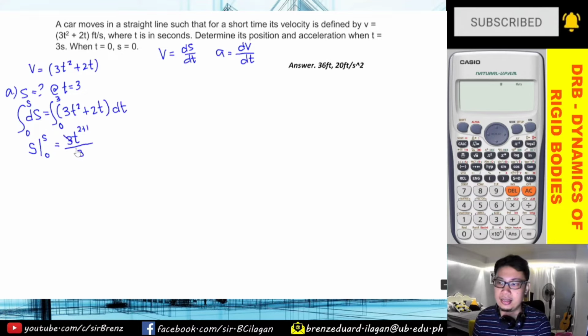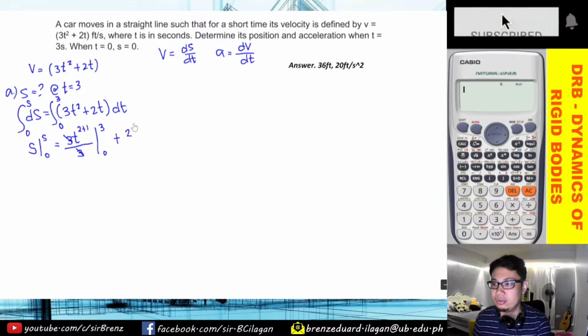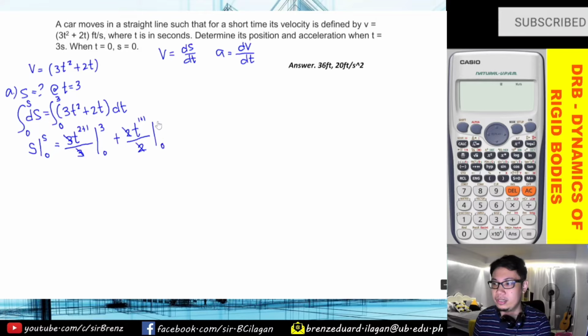So I can cancel out this one. So limits niya is from 0 to 3. And para doon sa isa, that will be plus 2t. So ito 1 plus 1 over 2. Okay, cancel mo na lang din yan, and then from 0 to 3.